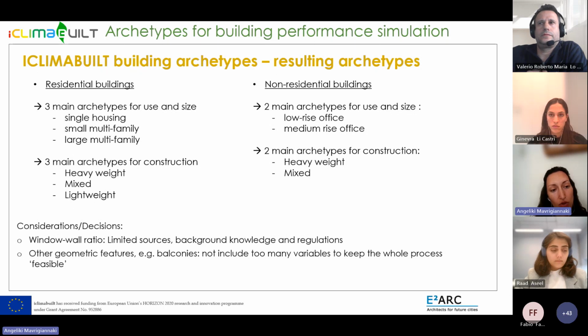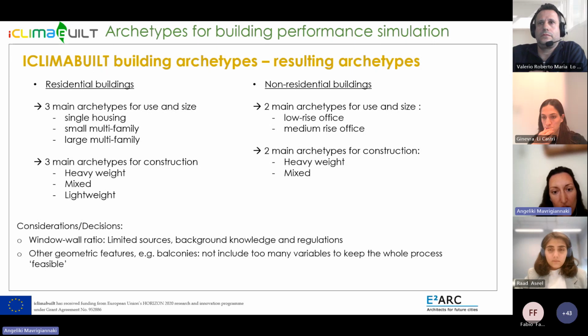Now, we had also to make some decisions regarding other aspects that would describe our archetypes. First, for the window-to-wall ratio, due to limited sources, we had to use background knowledge and, in some cases, regulation, and end up with some fixed values for some archetypes across all countries.